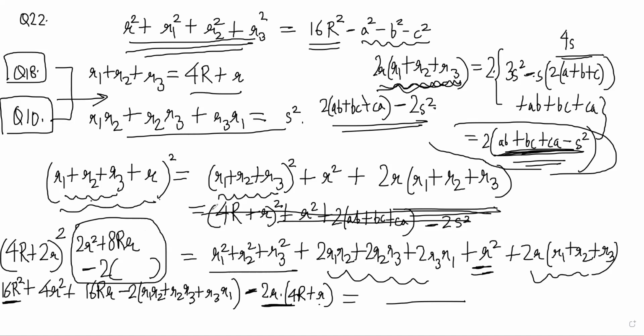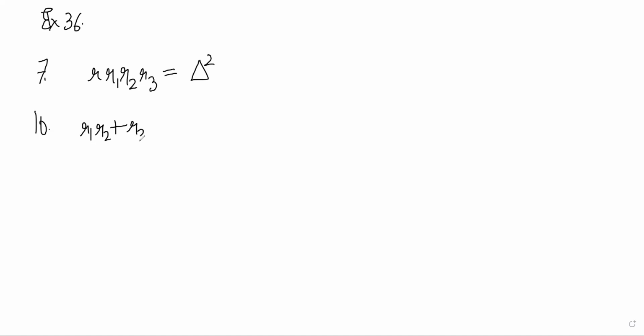Sir, are we supposed to remember these results which we obtained in these questions? No, you are supposed to remember the easy ones, the nice ones. For example, the ones that you should remember are result number 7 in exercise 36, which is r1 r2 r3 is equal to del square. Result number 10, which is r1 r2 plus r2 r3 plus r3 r1 is equal to s square.